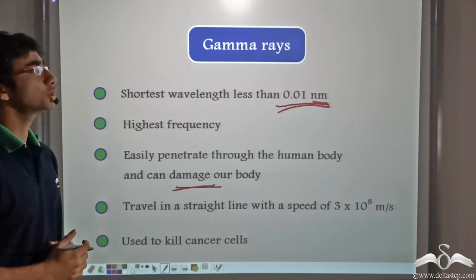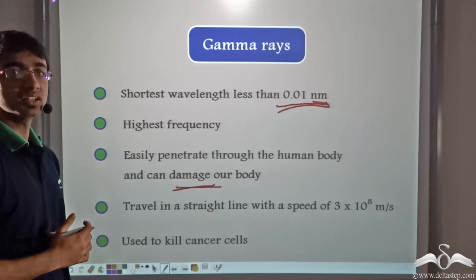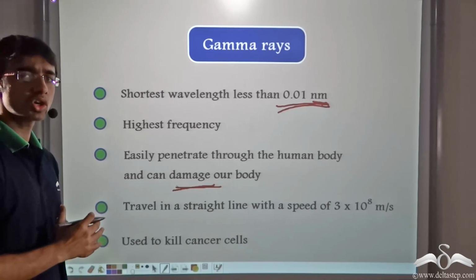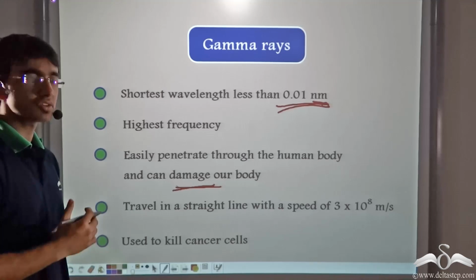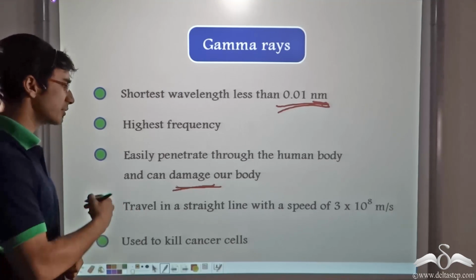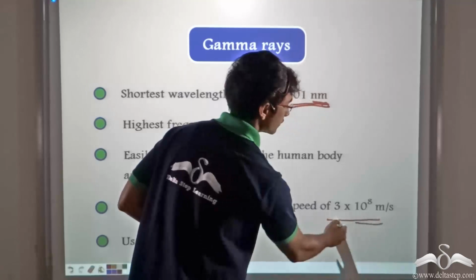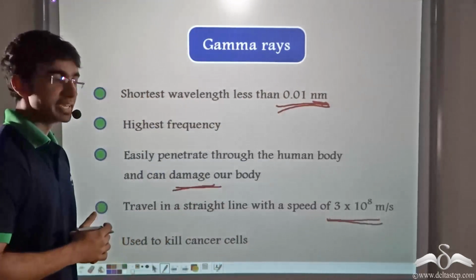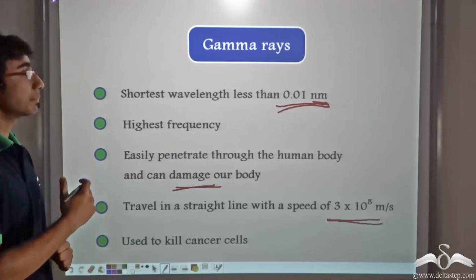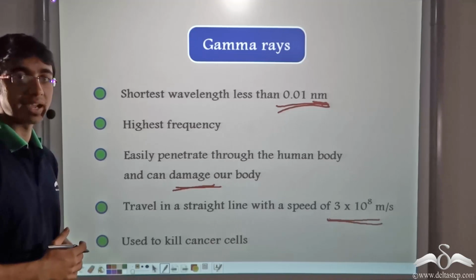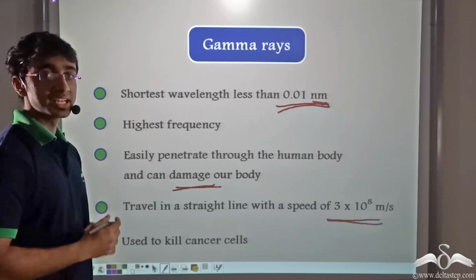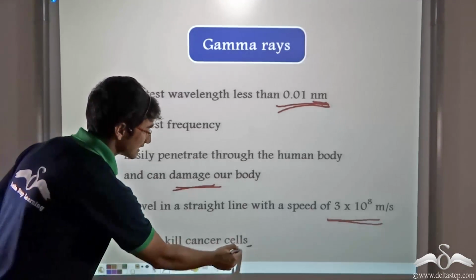Now you will be interested to learn that the atmosphere of the earth blocks out most or all of the gamma rays coming in from the sun. Gamma rays also travel in a straight line at a speed of 3 × 10^8 meters per second. And gamma rays are again not always bad. They are used in radiotherapy to kill cancer cells.